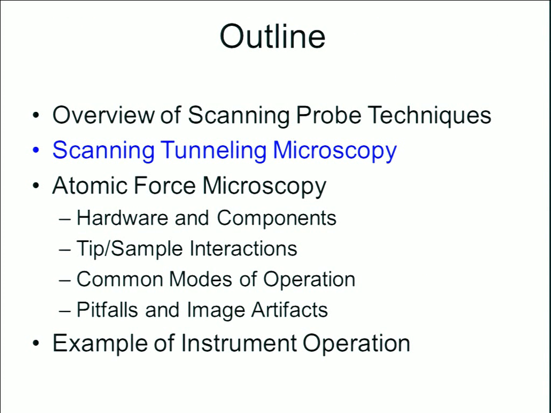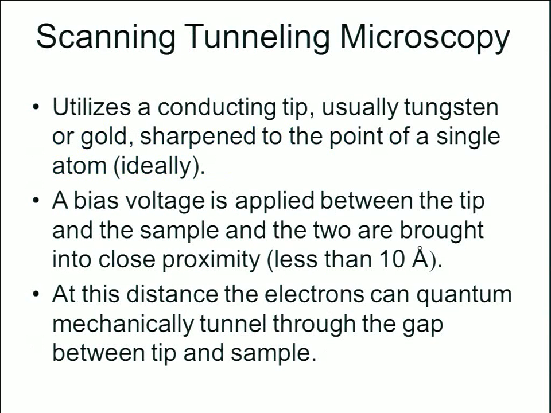So let's begin our discussion with scanning tunneling microscopy in a bit more detail. An STM utilizes a conducting tip, usually tungsten or gold, and it's sharpened ideally to the point of a single atom. There's a bias voltage applied between the tip and sample, and the two are brought into very close proximity, a bit less than a nanometer, so we're talking single-digit angstroms.